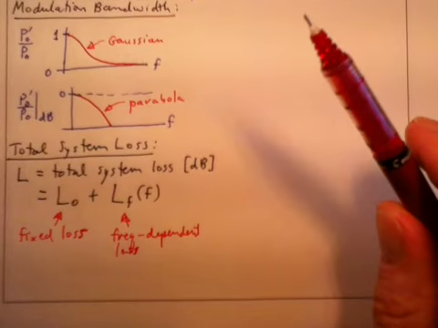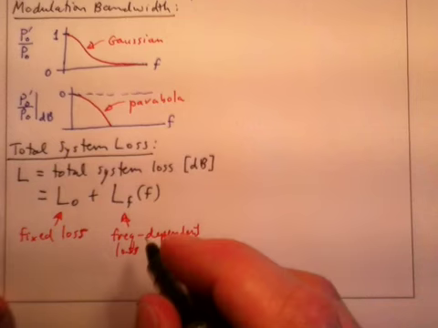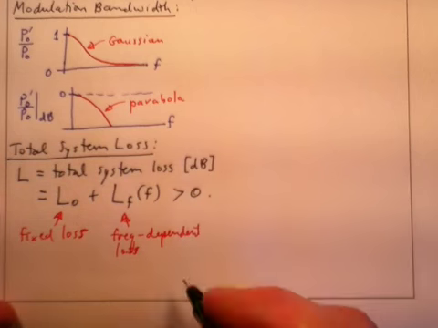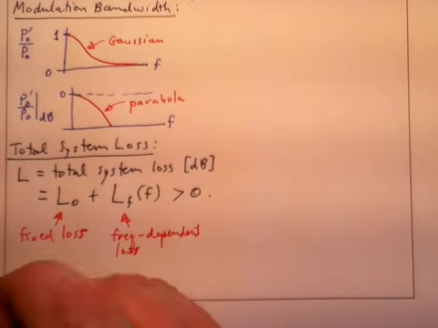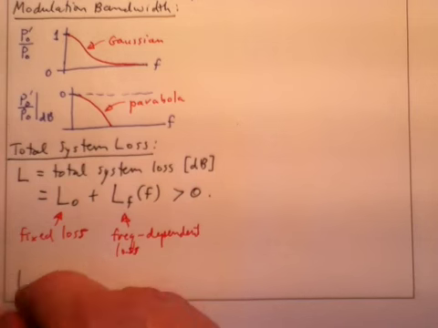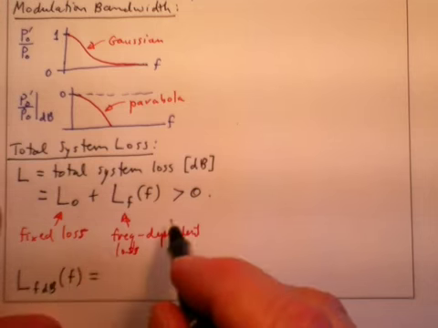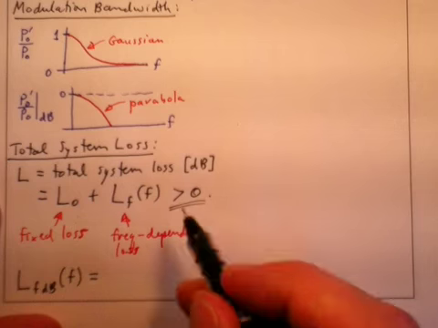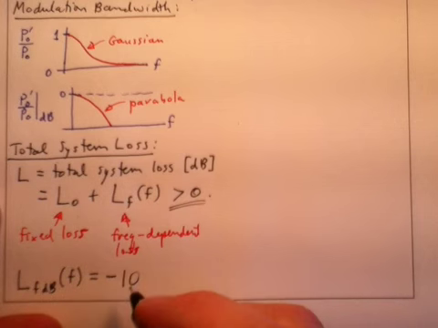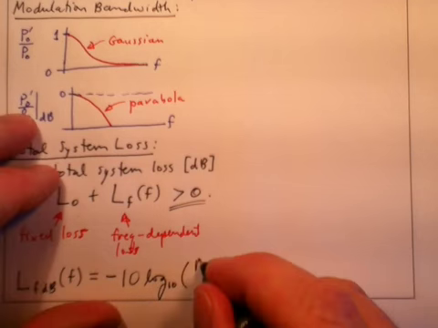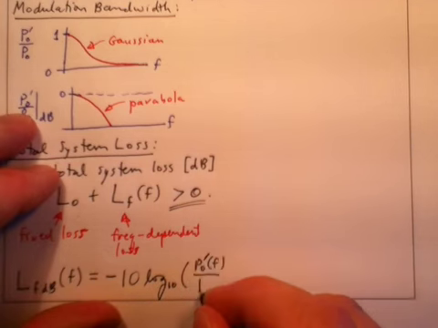So what we'll do is use a positive loss convention, that these are all greater than 0, and therefore we can write that this frequency dependent loss part in dB units as a function of f is, using our sign convention, minus 10 log 10 of P naught prime as a function of f over P naught.